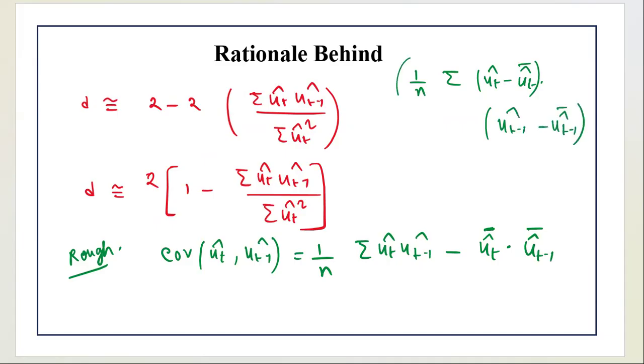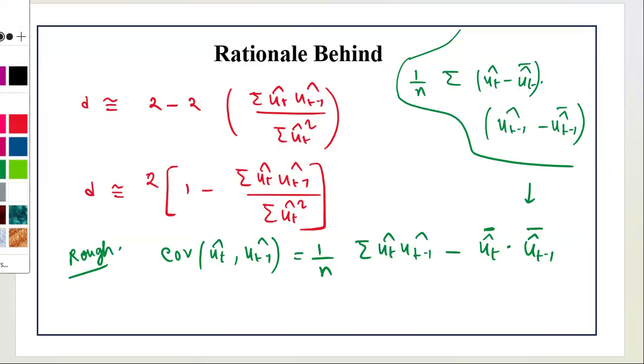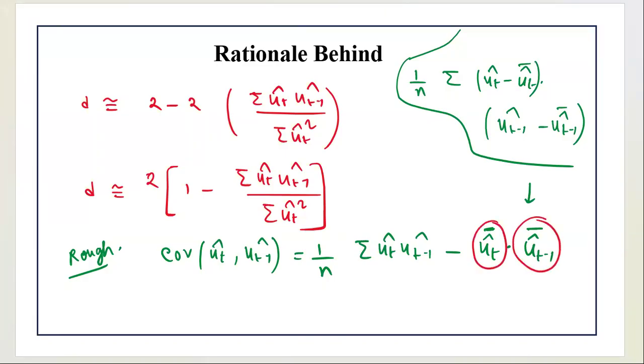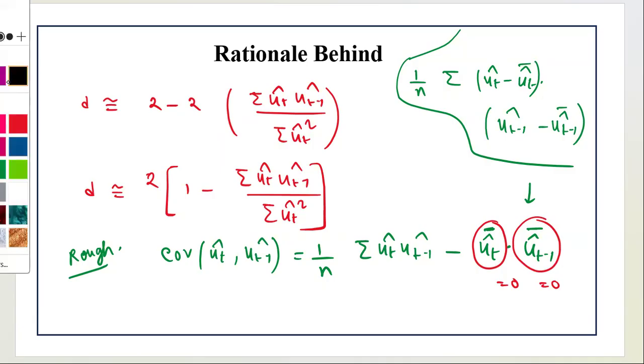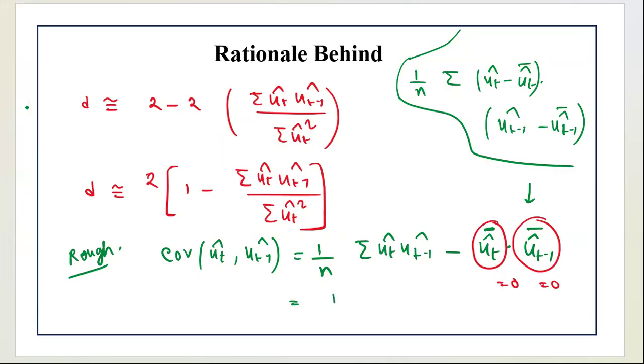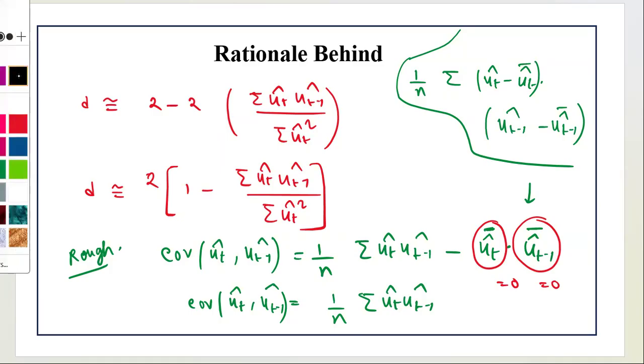If you simplify this, you will get this reduced term for the covariance, right? Now, what you know is that these terms will be 0, since the average of the residuals is always 0. So this term will vanish, and you will be left with only 1 by n summation ut cap ut minus 1 cap. That will be the covariance of ut cap and ut minus 1 cap. We'll understand in a while why I am doing this. This is our first relationship.